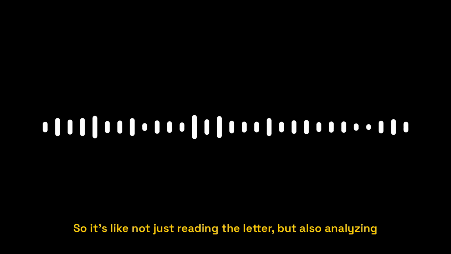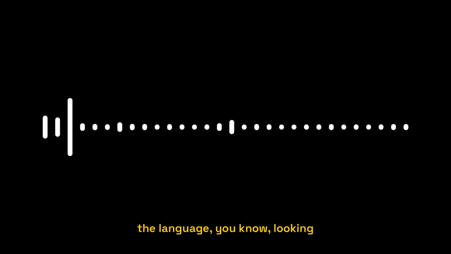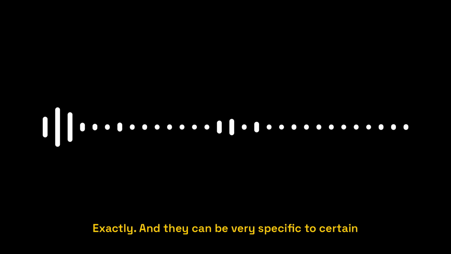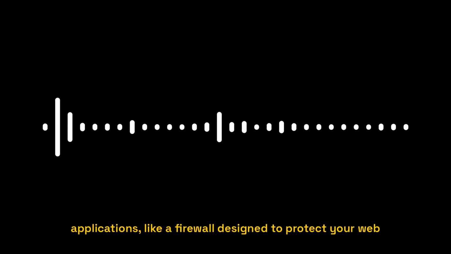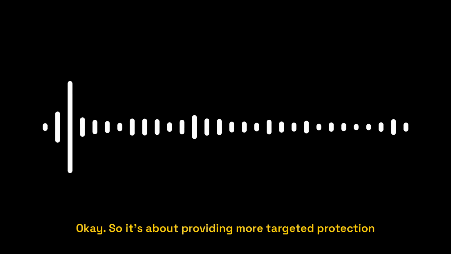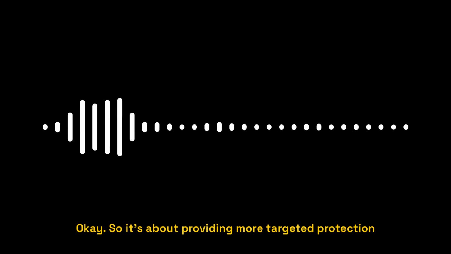So it's like not just reading the letter, but also analyzing the language, looking for suspicious phrases or attachments. Exactly. And they can be very specific to certain applications, like a firewall designed to protect your web server from SQL injection attacks. So it's about providing more targeted protection for different applications.